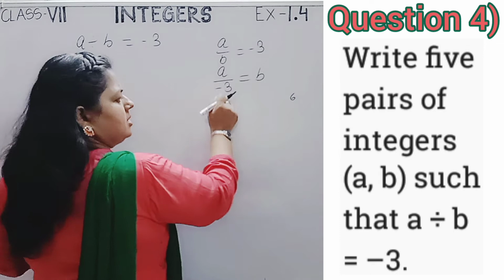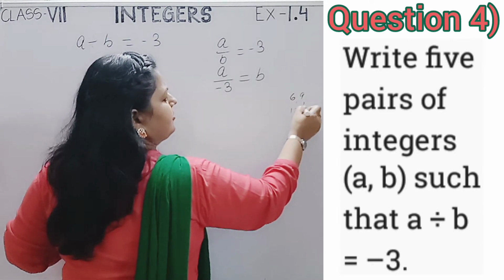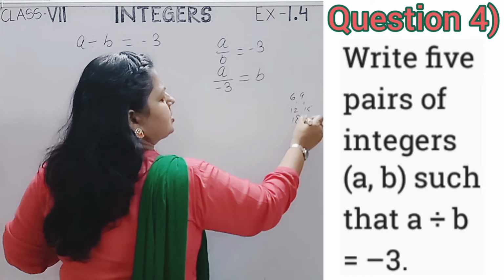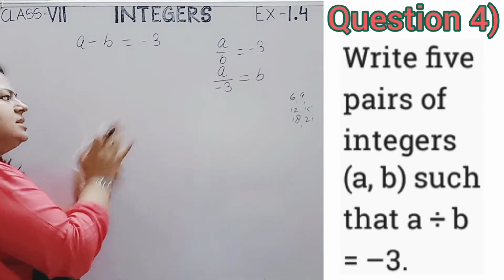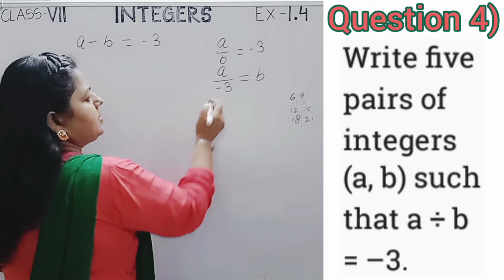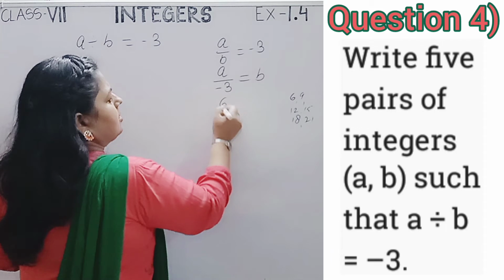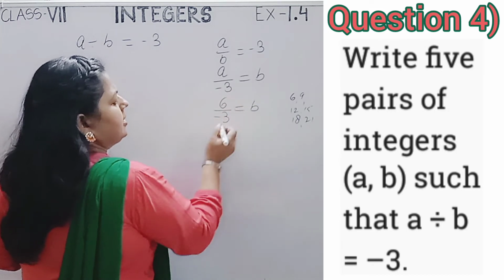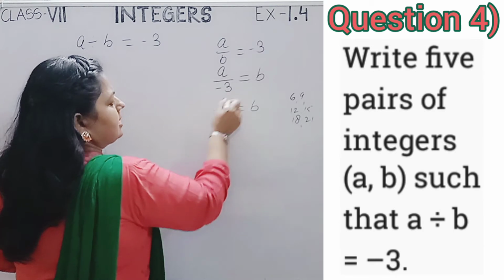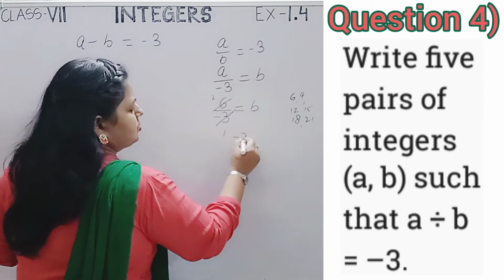Multiples of 3 are 6, 9, 12, 15, 18, 21 and so on. So we can do it the easy way. The first step is let A be 6, 6 upon minus 3 equal to B. It means 3 cancel out, 2, minus 2 equal to B.